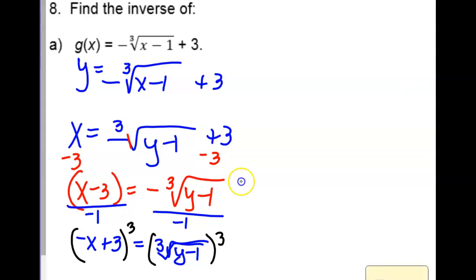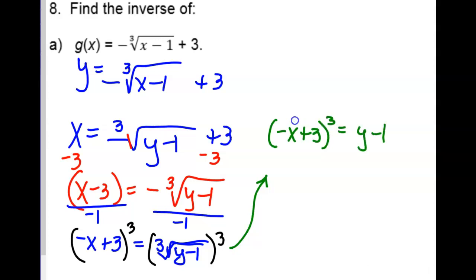Okay, so I didn't finish. I'm going to write it here. So I have negative x plus 3 quantity cubed is now y minus 1. So then I'd have what? Negative x plus 3 quantity cubed plus 1 equals y. And I would let you leave it there.